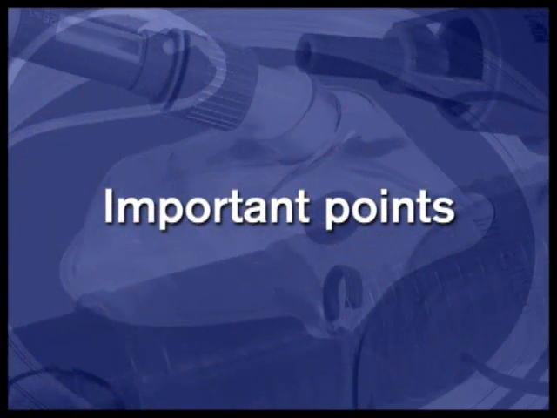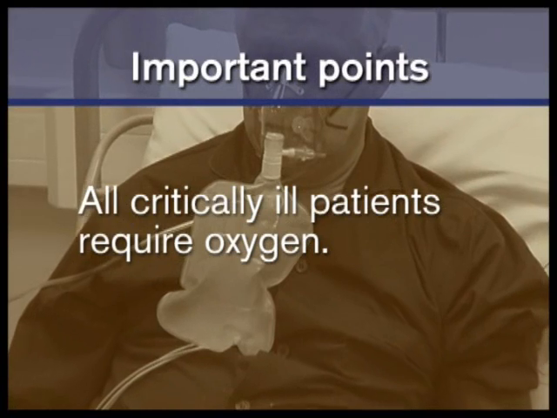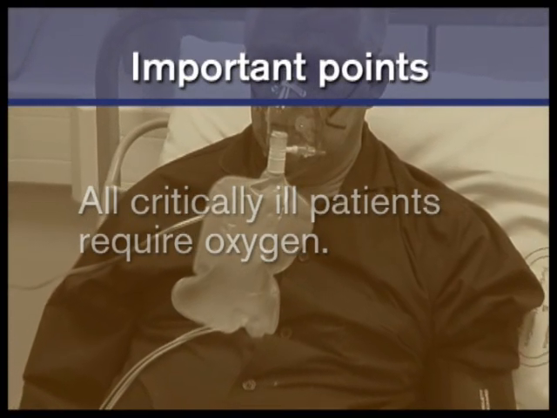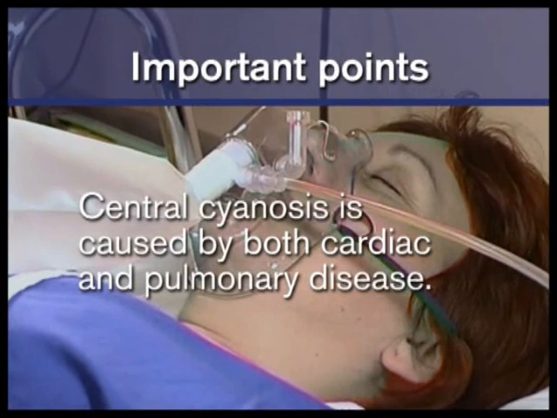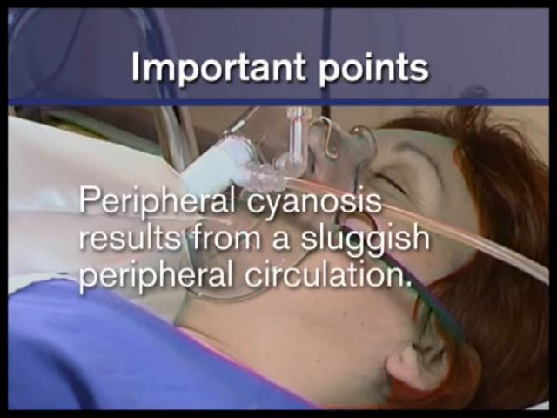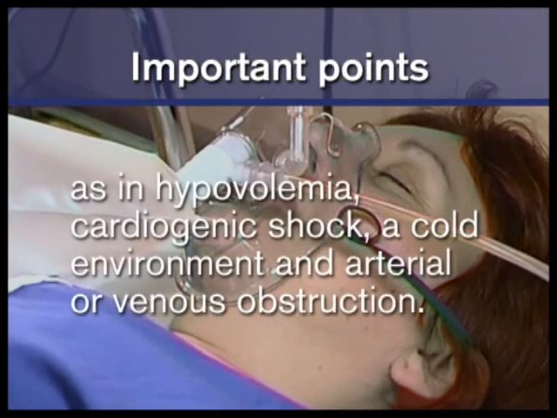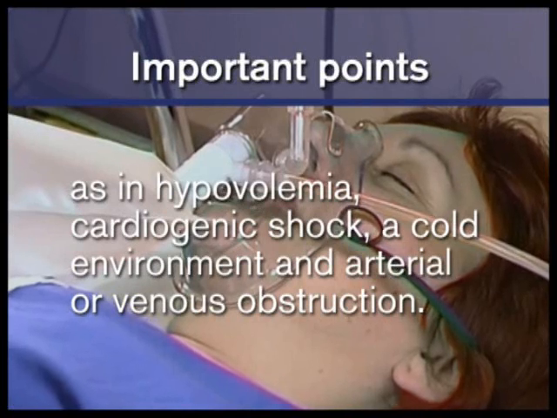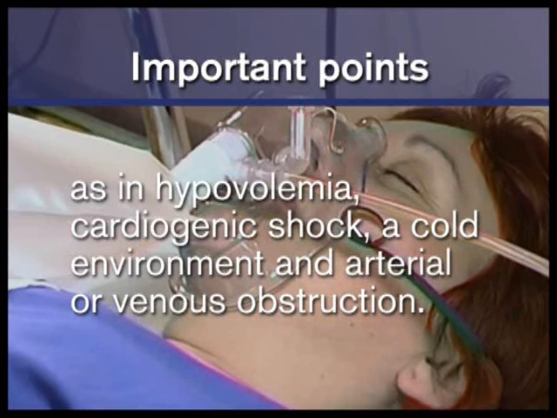It may be helpful to emphasize some important points regarding oxygen therapy. All critically ill patients require oxygen. Central cyanosis is caused by both cardiac and pulmonary disease. Peripheral cyanosis results from a sluggish peripheral circulation, as in hypovolemia, cardiogenic shock, a cold environment, and arterial or venous obstruction.